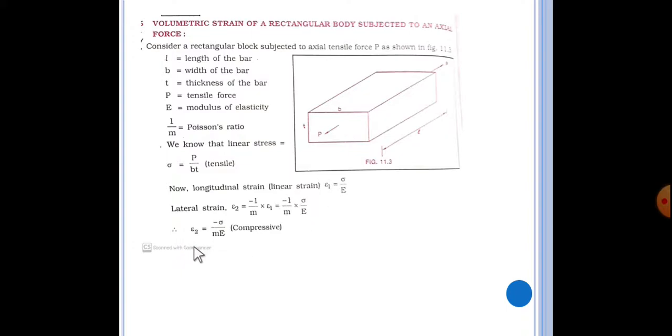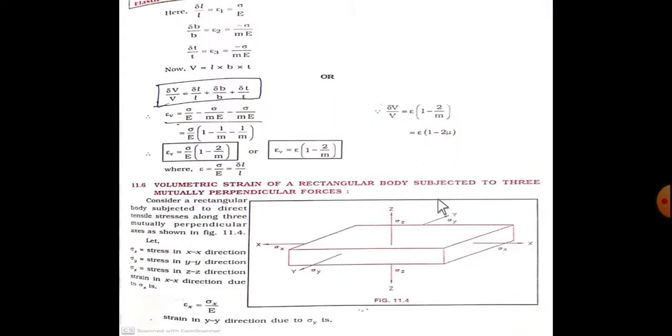So epsilon 2 is equal to minus sigma upon mE, that is compressive. Now, delta L upon L is equal to strain 1, which is sigma upon E. Delta B upon B is epsilon 2, minus sigma upon mE. Delta T upon T is epsilon 3, minus sigma upon mE.